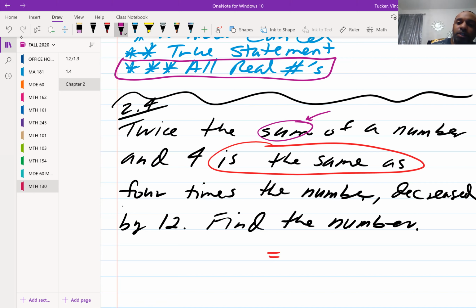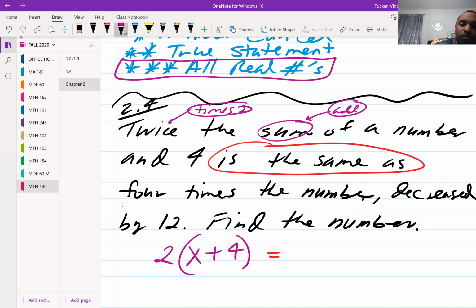So sum is addition, and then twice means multiply by 2. Let me do times 2, not x2. The sum of the number and 4 is x plus 4, and then you want twice that.